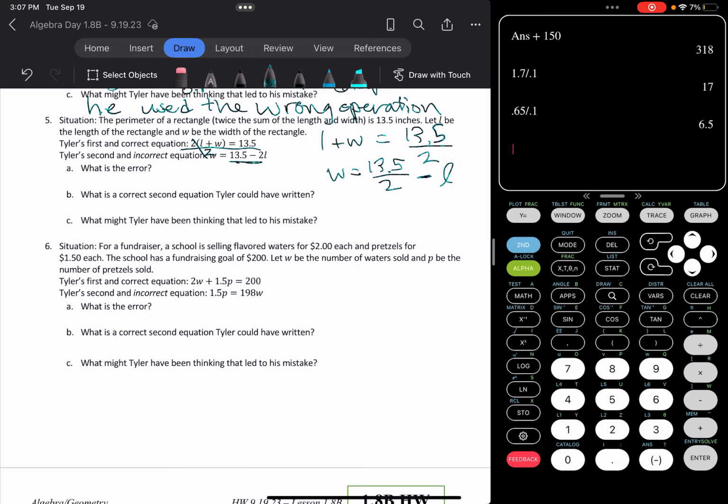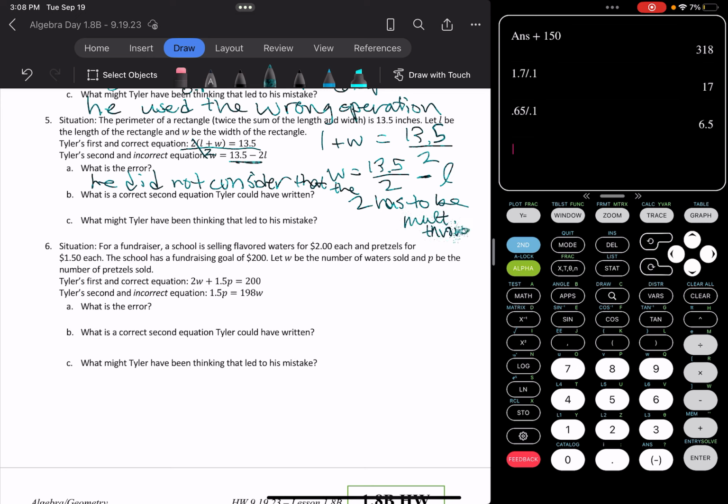So his error here is, one, he forgot that the 2 is being multiplied by the whole thing. So he did not consider that the 2 has to be multiplied through.